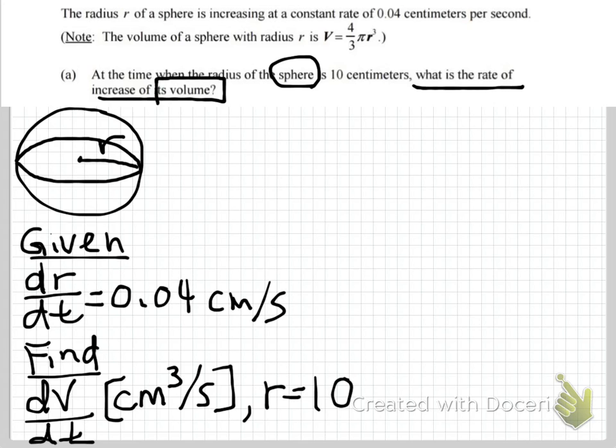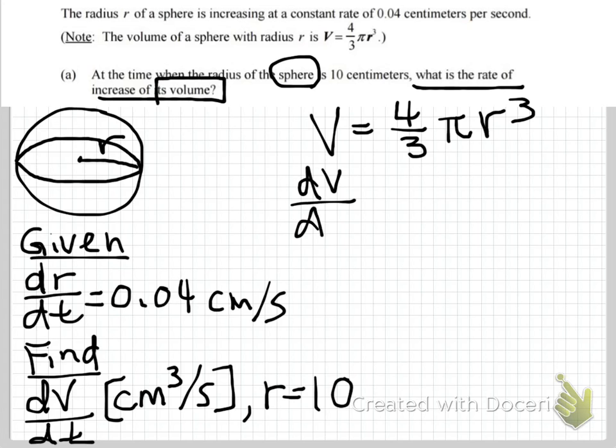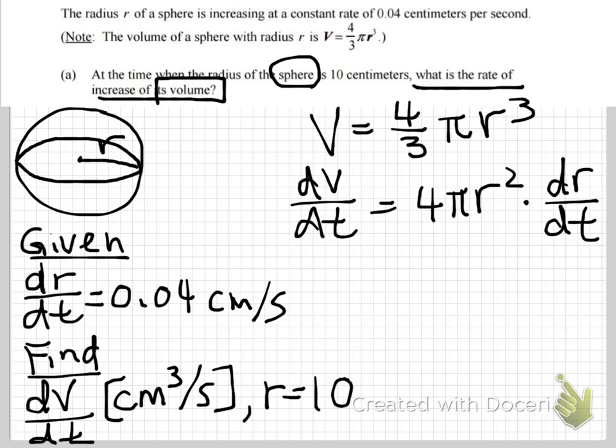Now, in this problem, the equation is pretty easy because they give it to you, right? They give you a big hint right there. V equals 4 over 3 pi r cubed. So let's just take the derivative of that with respect to t. dV over dt equals 4 pi r squared times, and don't forget this part, dr over dt.